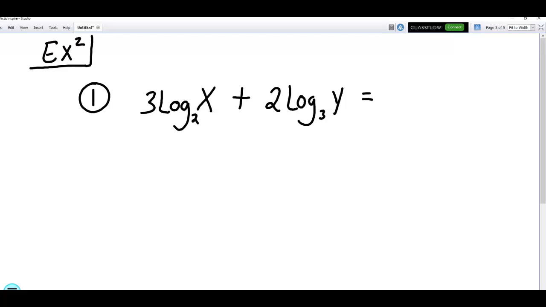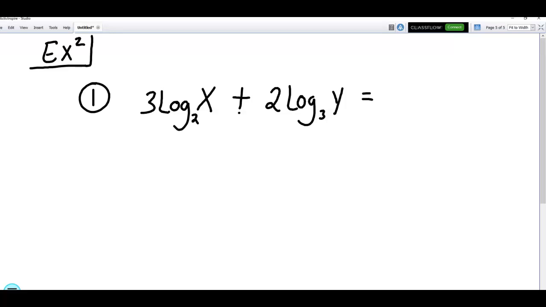Do you guys see what two properties would apply? A and C. Nice job. We know it's A because there's a plus here. We know it's C because there's numbers in front of the log. The reason why this is a level up is that you've got two properties at once. And so how do you know which property to do first?